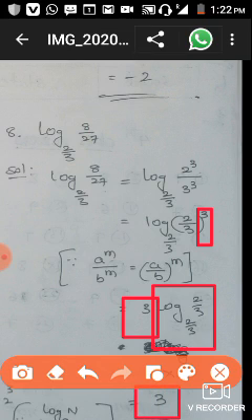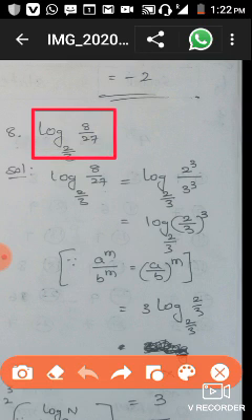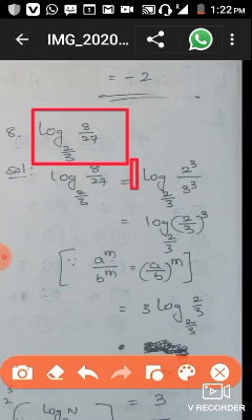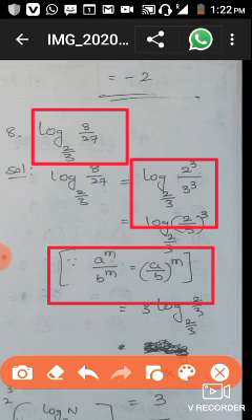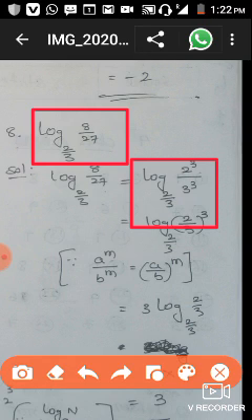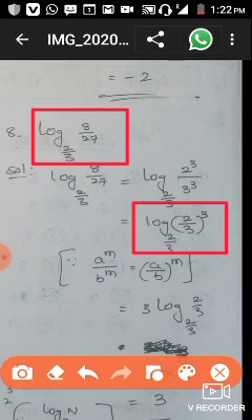answer 3. So once again I repeat it. The question is log 8 by 27 for base 2 by 3. We write the solution like this: 8 by 27 we can write as 2 to the power of 3 by 3 power 3. So according to this formula we can write 3 into log 2 by 3 whole to the power of 3.